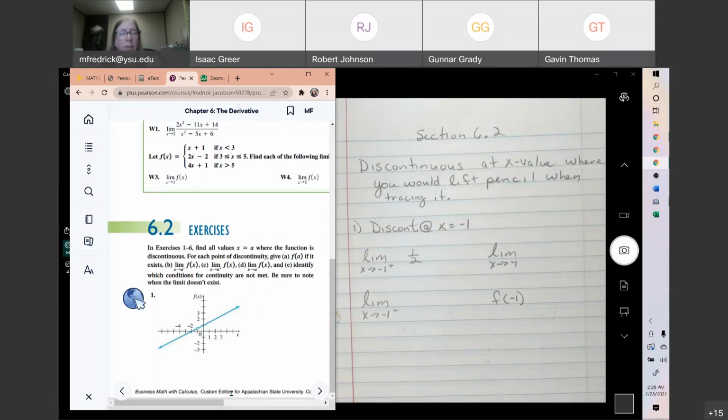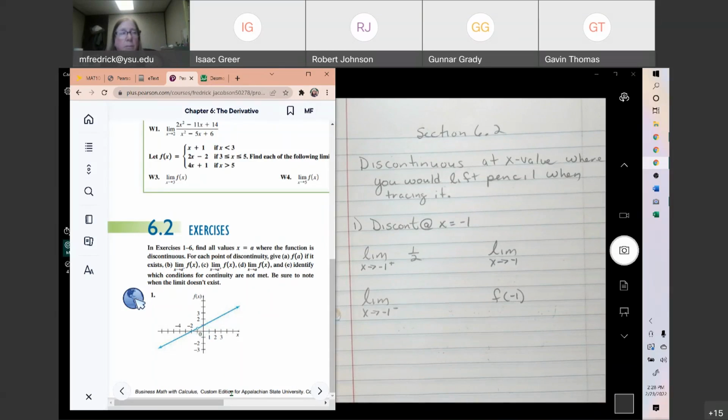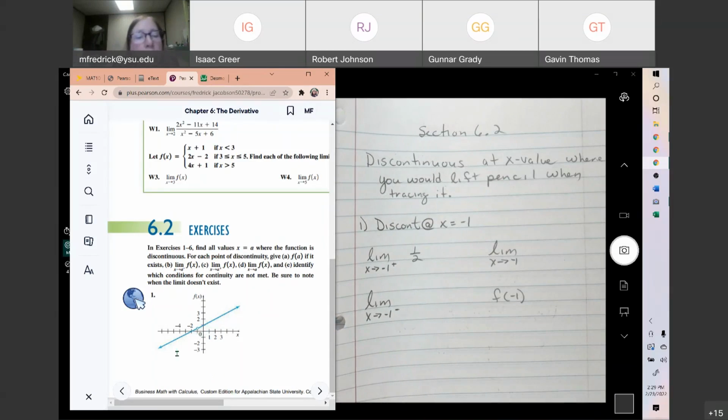Any questions on that? As I'm getting closer on this side, that would be from the left. That's what this little negative means here. So we go here and just think of it negative, you take away so it's a little smaller. So it's over here.